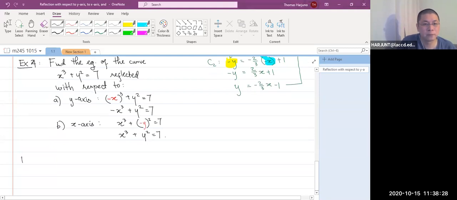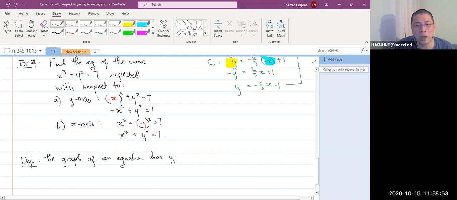Definition. The graph of an equation has y-axis symmetry if, now there are many ways to actually describe y-axis symmetry of a graph.